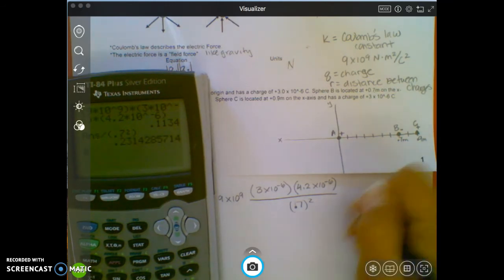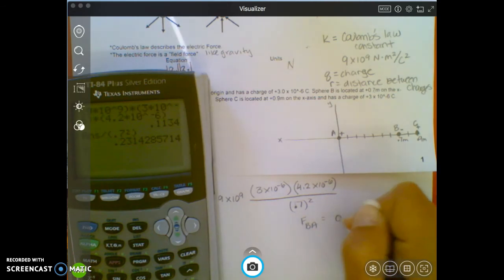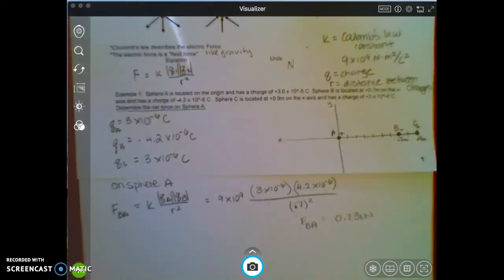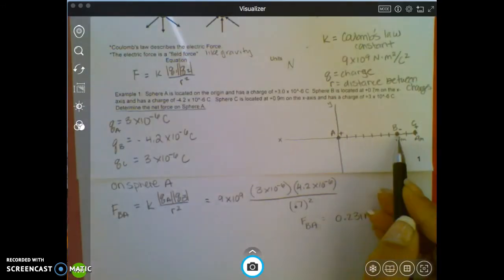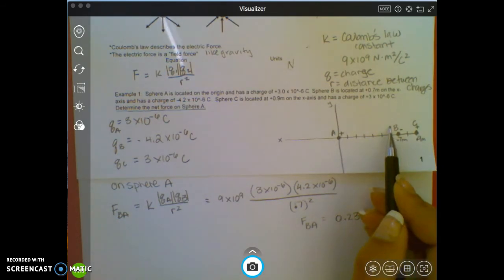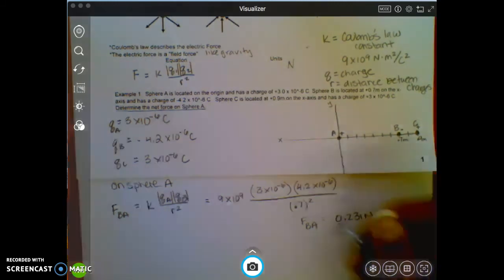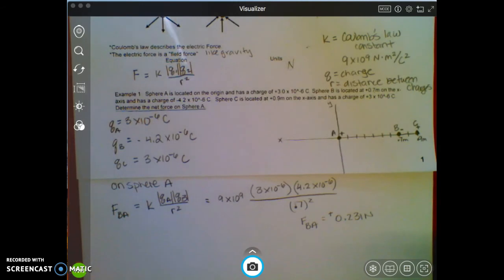I end up with a force of B on A of 0.231 newtons. Now, for the sign, we're going to look at A and B. Since they are opposite charges, they'll attract. So A is going to be pulled toward B. They pull toward each other. So A is getting pulled in the positive direction, so I'm going to leave that positive.